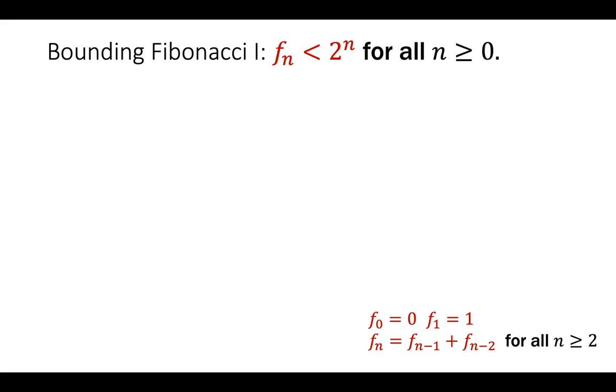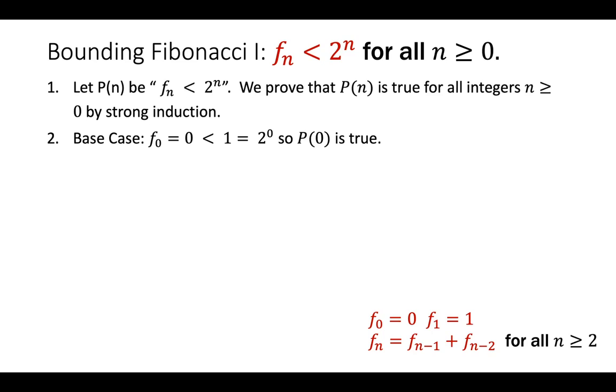So we can assume the upper bound of Fibonacci will be 2 to the n. We want to prove F of n is less than 2 to the n.